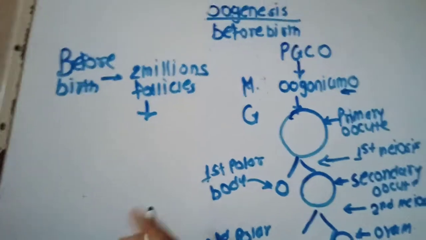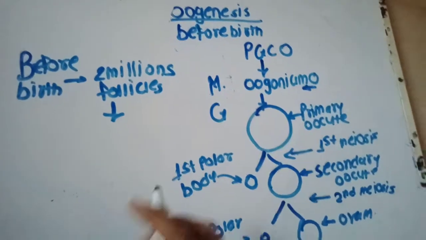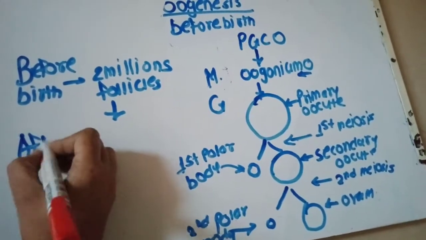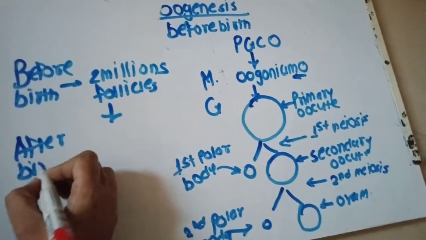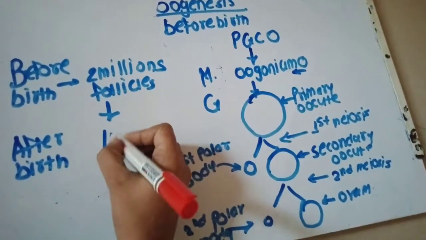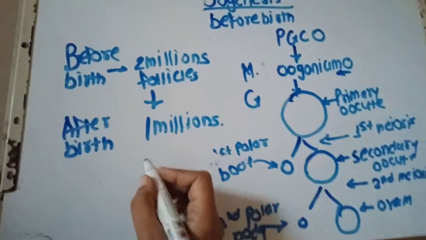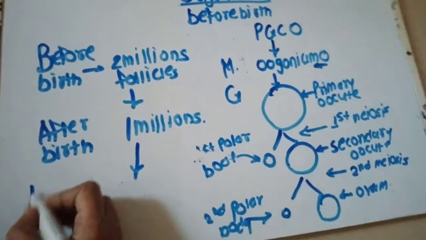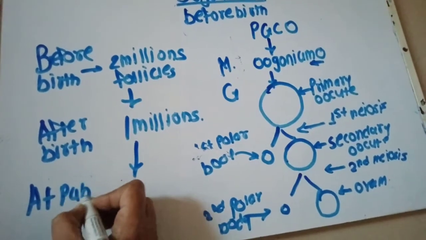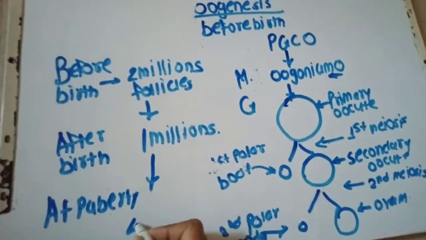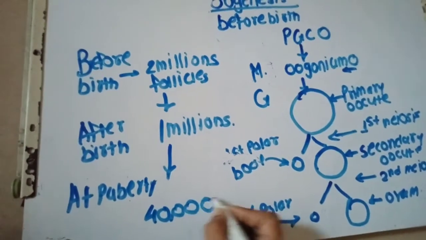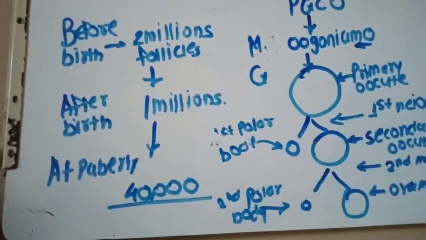After birth some follicles undergo degeneration, so after birth only 1 million are there, and at puberty there are 40,000 primordial follicles.